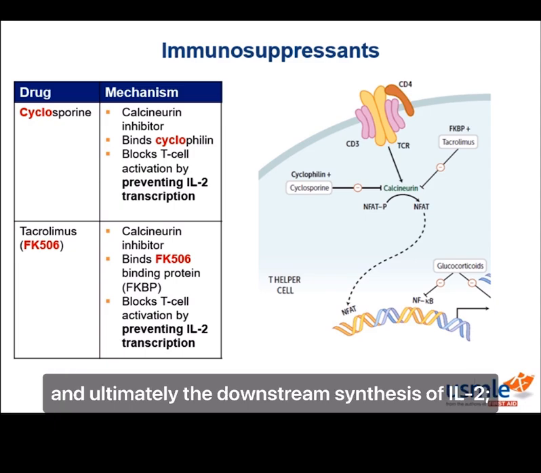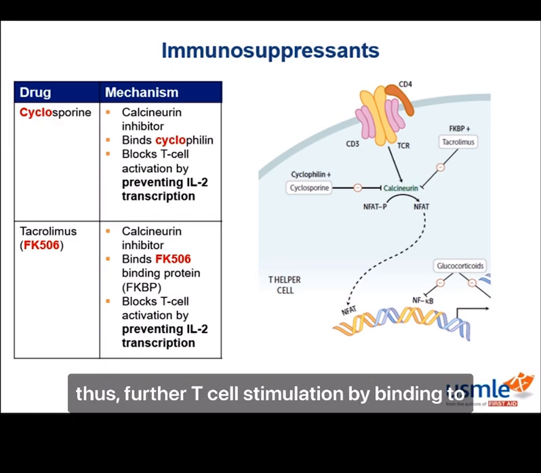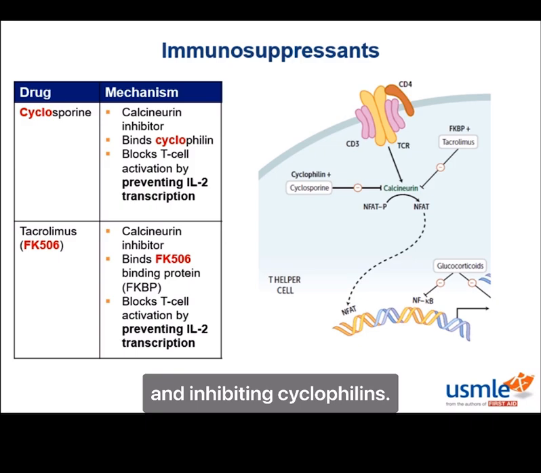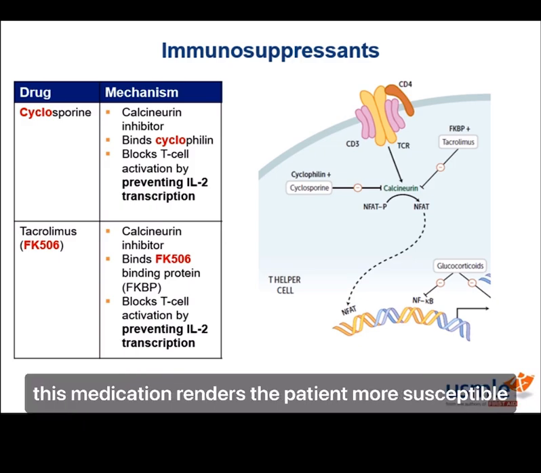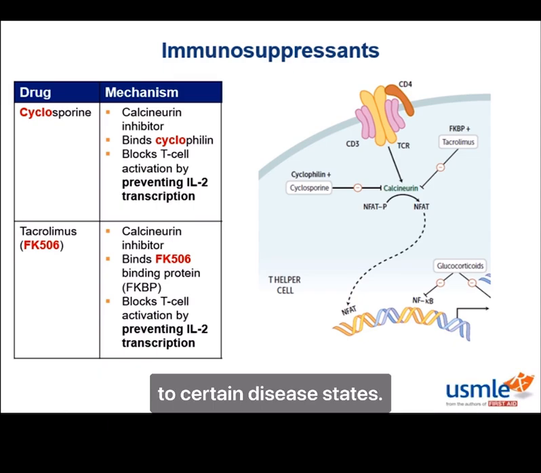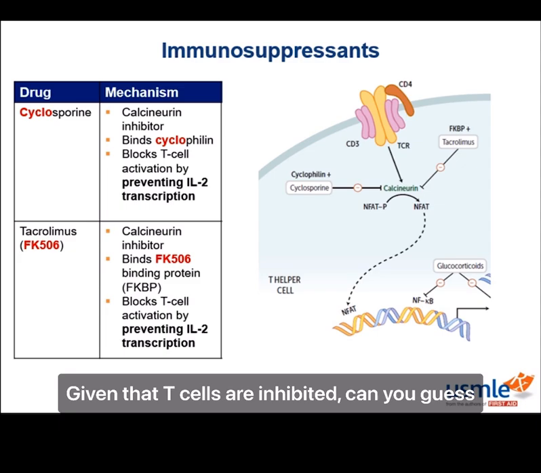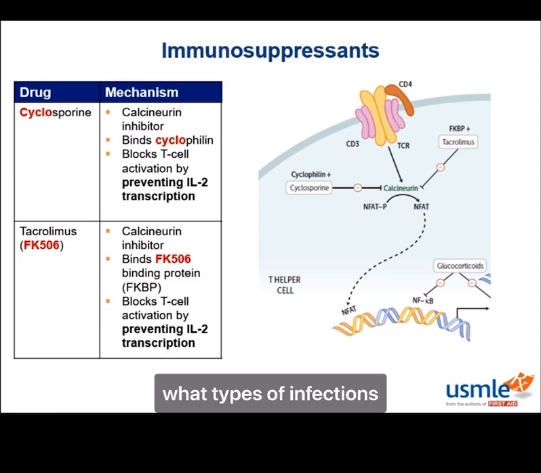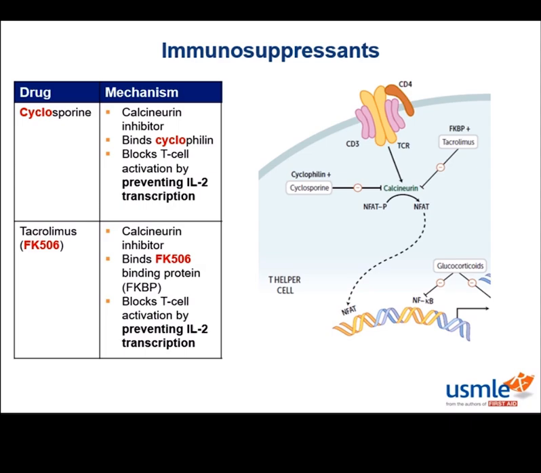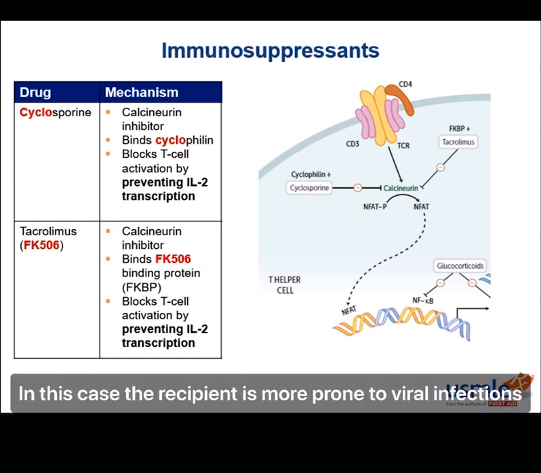Normally, when a receptor is stimulated, cyclophilins, along with calcineurin, stimulate NF-AT and ultimately further production of inflammatory cytokines. However, cyclosporin inhibits this cascade and ultimately the downstream synthesis of IL-2, thus further T cell stimulation, by binding to and inhibiting cyclophilins.